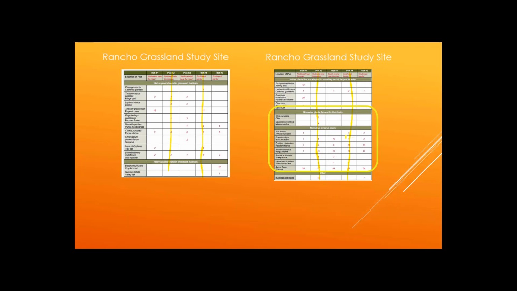That is exactly what we found: there are more non-native invasive plant species near plot 2 than plot 4. And plot 4 is farther away. So that was the answer to question number 3. There are more non-native invasive plants, and you can see a lot more non-native and non-native invasive plants.